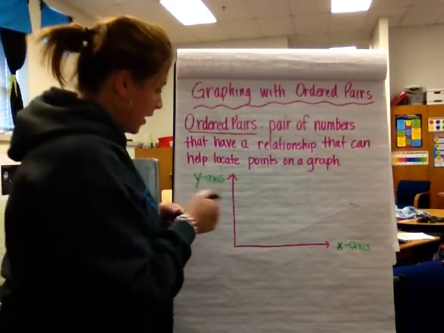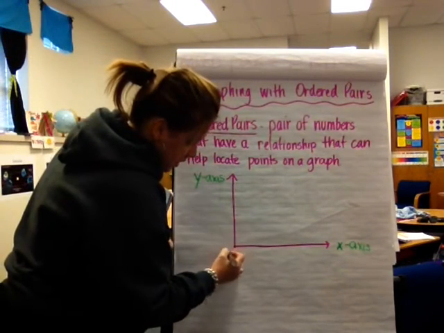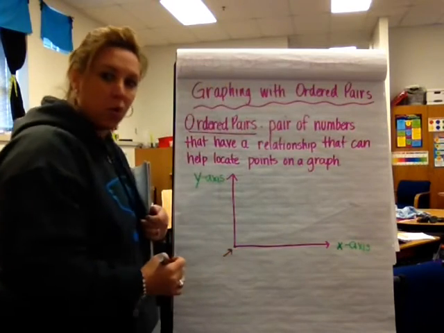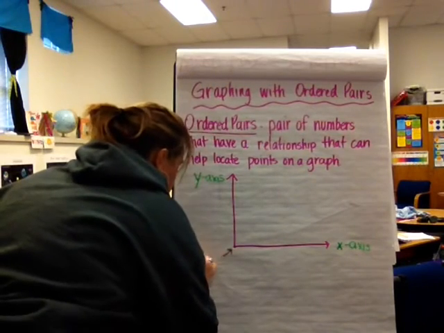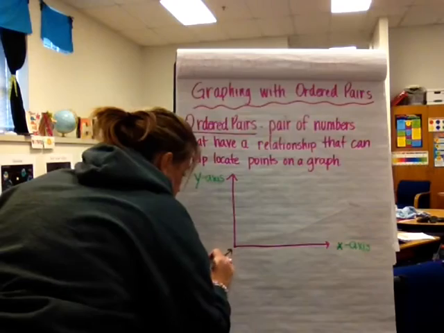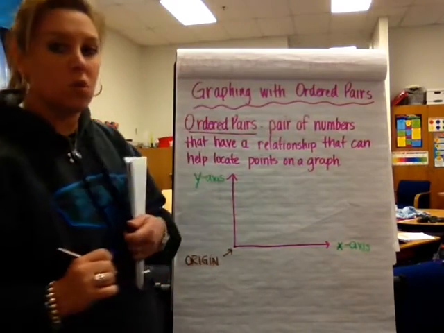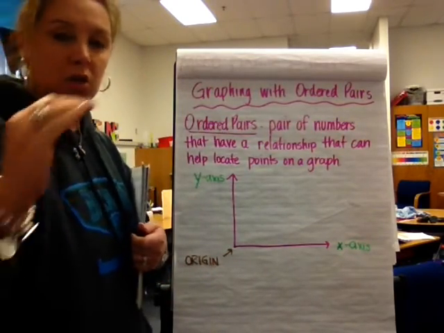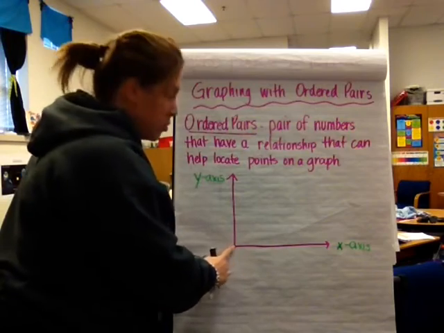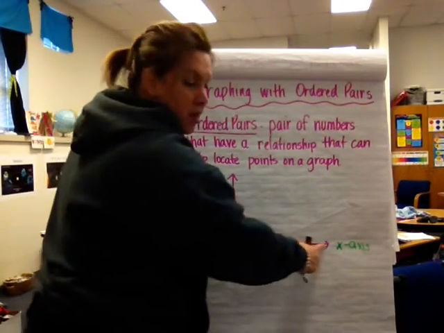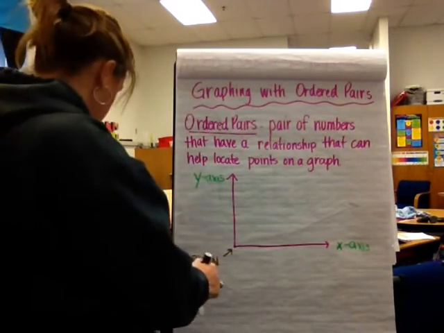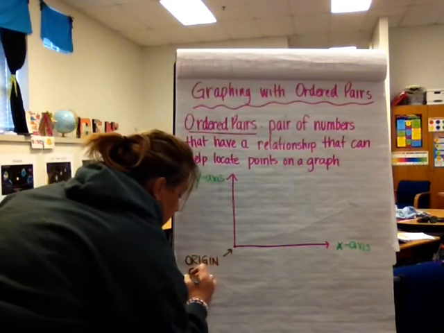Right here is what you call your origin. Your origin is where you start. You always start at the origin before you travel on your x-axis. So this is where you begin.